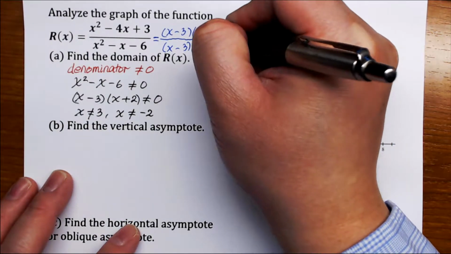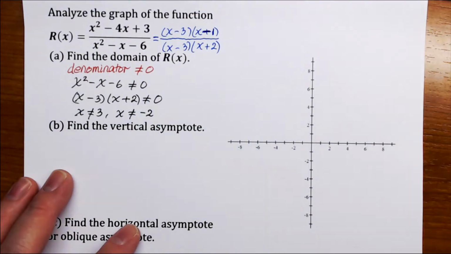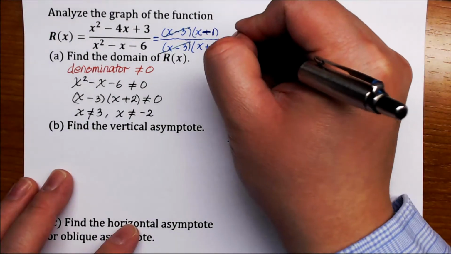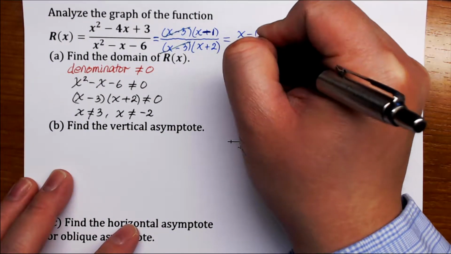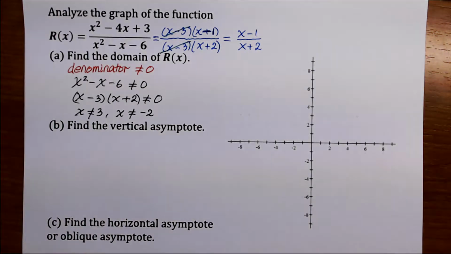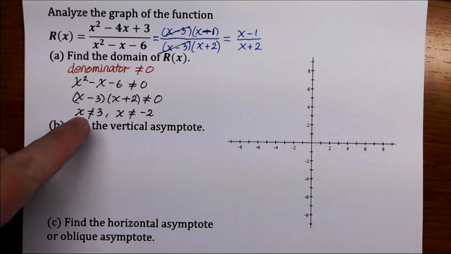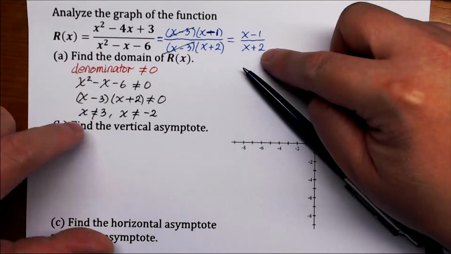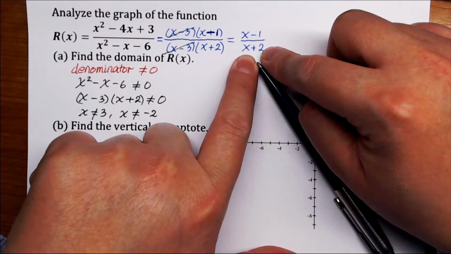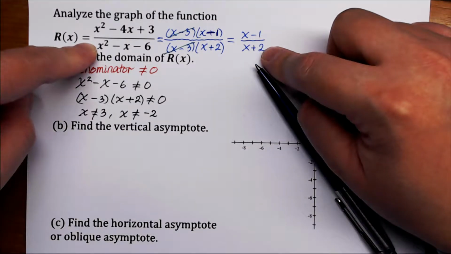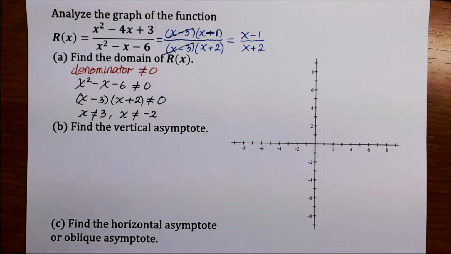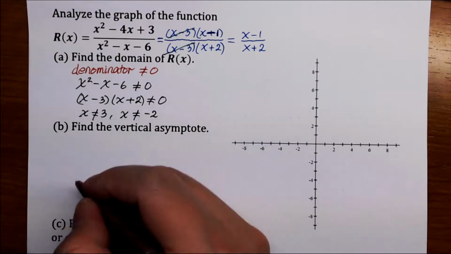So we'll see that the denominator will be factored as x minus 3 and x plus 2, and on the top we will have x minus 3 and x minus 1, because we multiply it out and it should be negative 3. Right. X minus 3 cancel out, and we will have just x minus 1 and x plus 2.